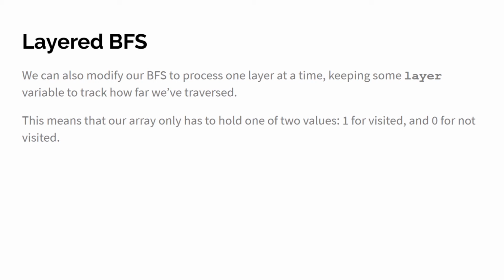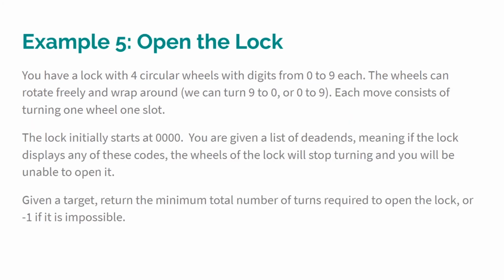So we have all zeros processed first, then we advance to layer 1, process everything in the queue, do it again, and so on. This way we can still keep track of which layer we are on, even though we're only using 1 variable to store it. And for our example, it's going to be open the lock.